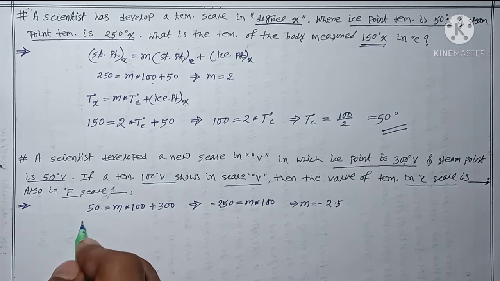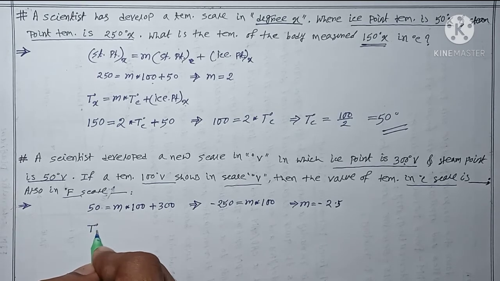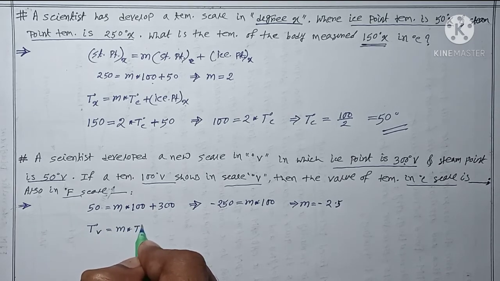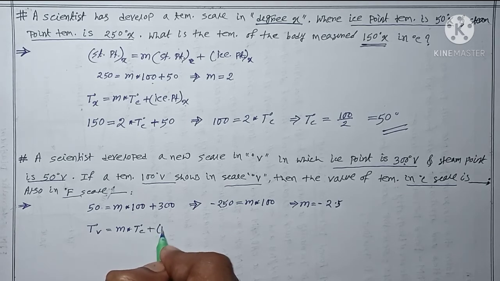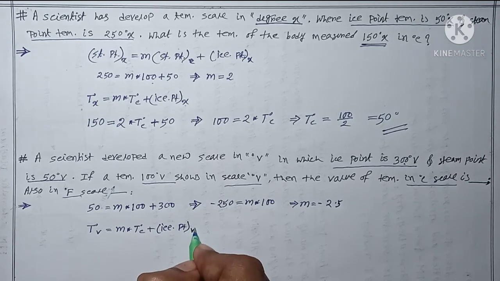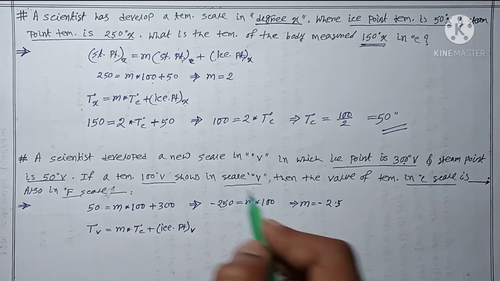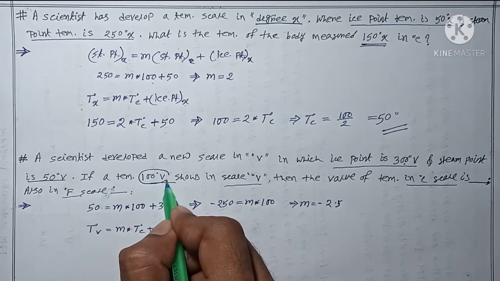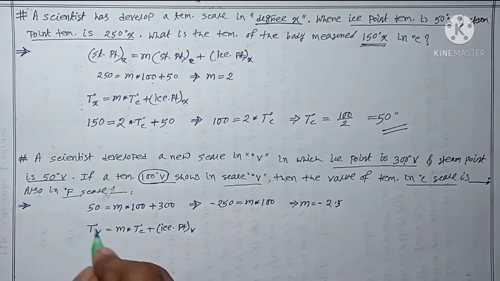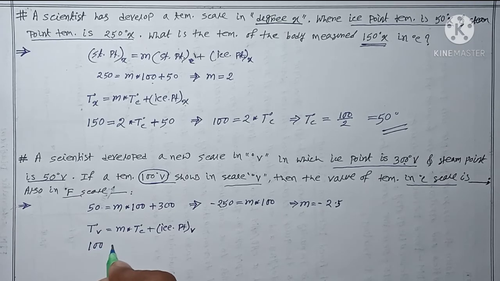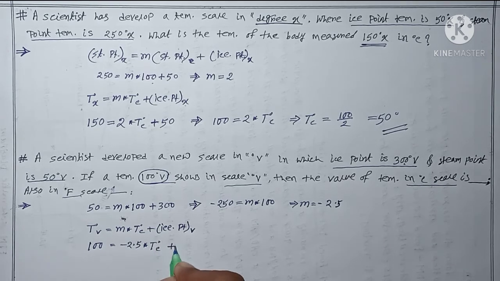After finding the value of m, we know T degree V is equal to m into T degree C plus ice point temperature in V scale. Here T degree V is provided as 100 degree V, as shown in the scale V. So T degree V is nothing but 100. m we are getting as minus 2.5. T degree centigrade we have to find out. Ice point temperature is given 300.